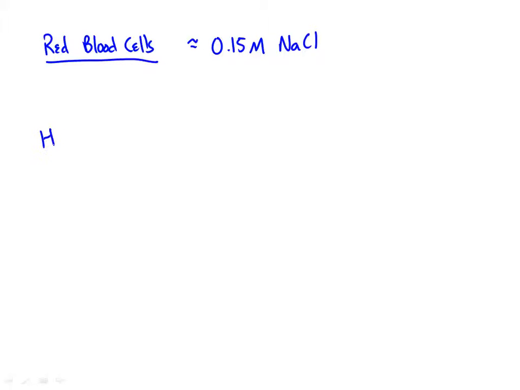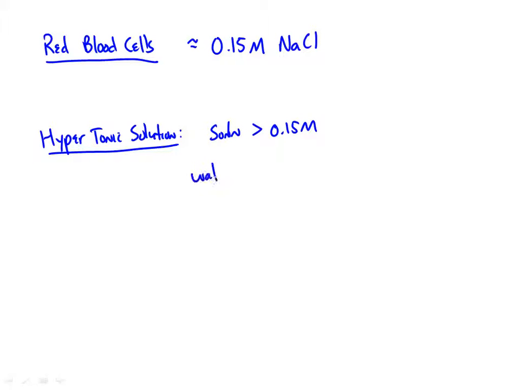So if I have what's called a hypertonic solution, that means that my solution is greater than 0.15 molar. That means that water leaves the cell, and that causes what's known as crenation. Or basically, they shrivel up.